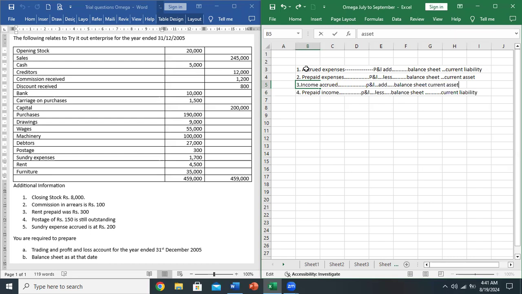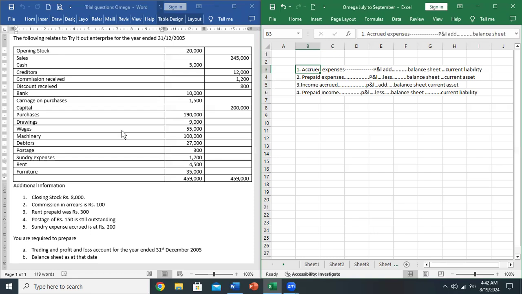So the summary you can draw from it is, for all the accruals, whether it is income or expense, in as much as it is accruals or owings or outstanding or due, you add. But then in the balance sheet, the accrued expenses are current liabilities and the accrued income are current assets. The opposite is for the prepaid. For the prepaid, we less in the profit and loss.